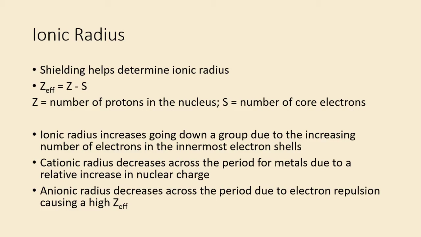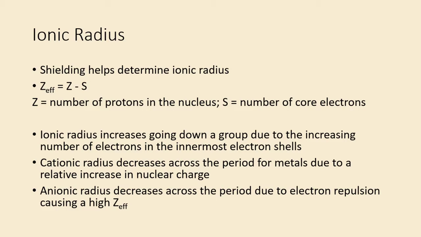So anyways, we have Z effective, which is the effective number of protons interacting with my electrons. My Z effective is going to be equal to Z, which is the number of protons in my nucleus, minus S, which is the number of core electrons. So those are electrons that aren't in my outside shell or my outside layer. Whenever we're talking about Z effective, look at carbon versus lithium.